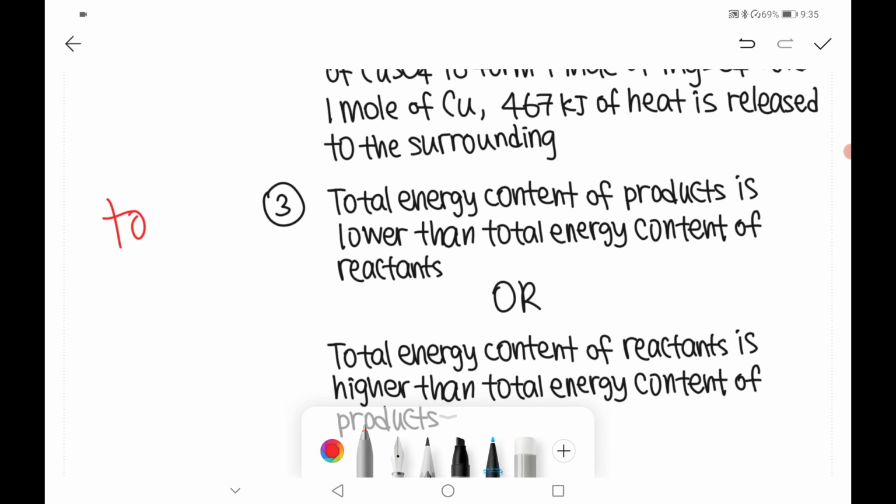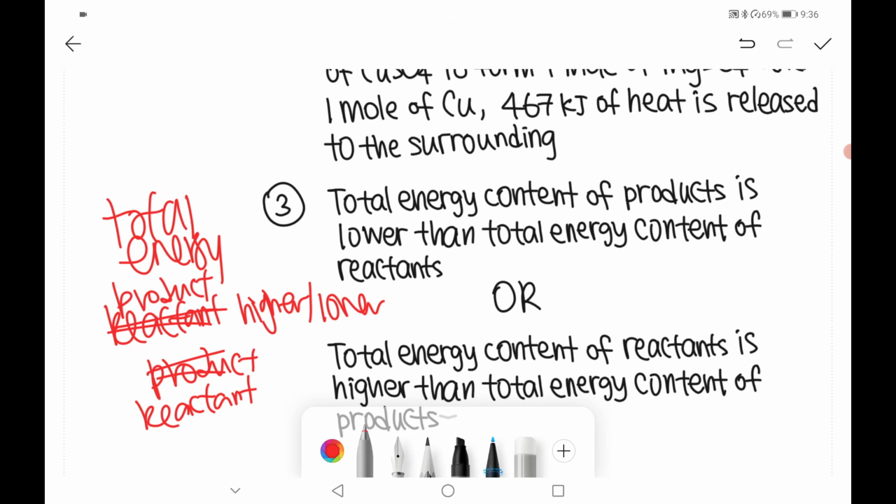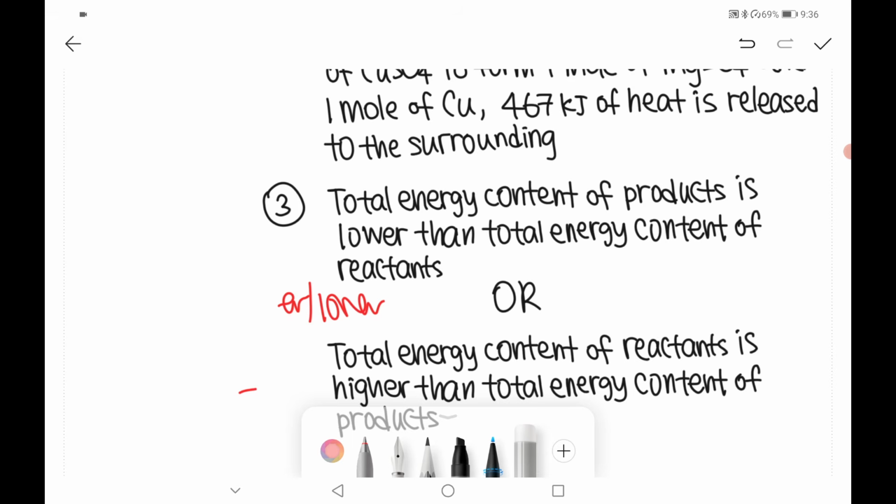You can put the reactant in front, or you can put the product in front and the reactant at the back. So these are the three pieces of information that you can get from an energy level diagram.